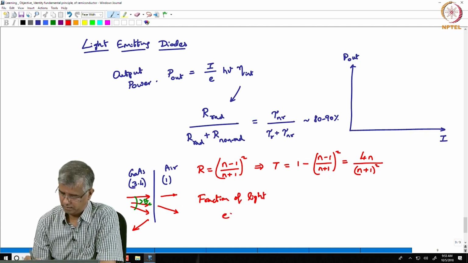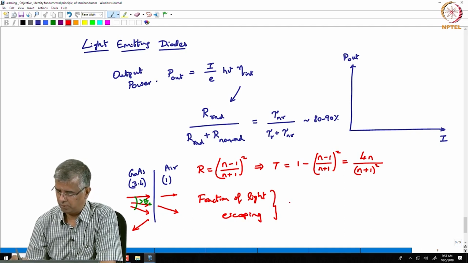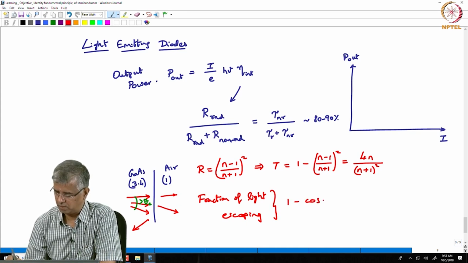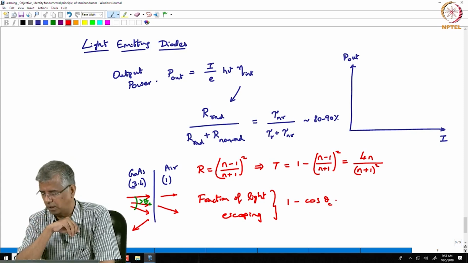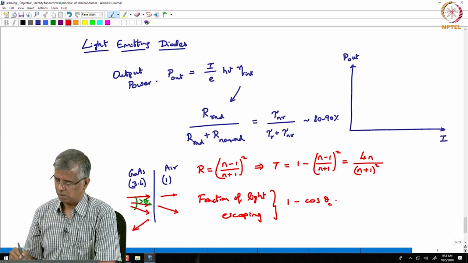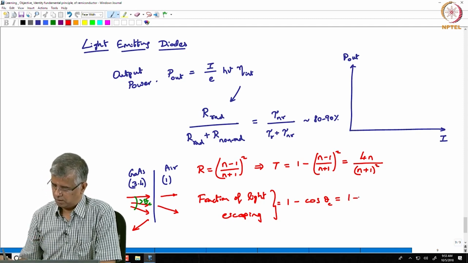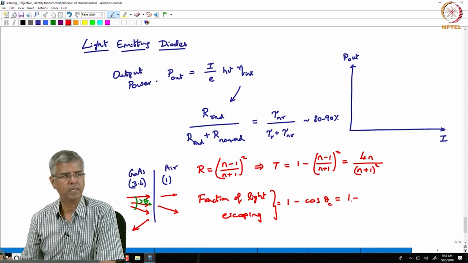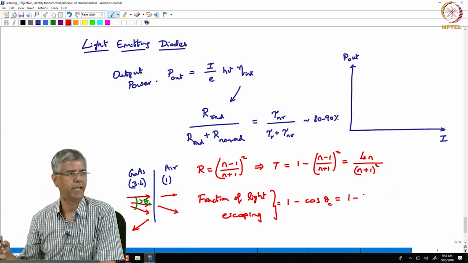Now, the fraction of light escaping would correspond to 1 minus cos theta c. Cos theta c can be written as root of 1 minus sin squared theta c, and sin theta c is nothing but 1 over n.